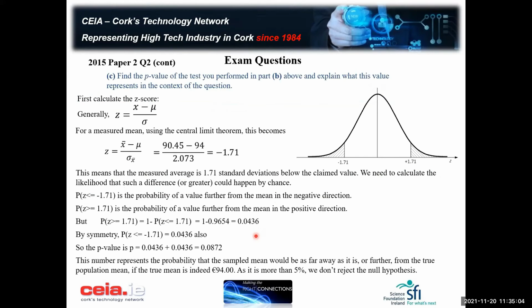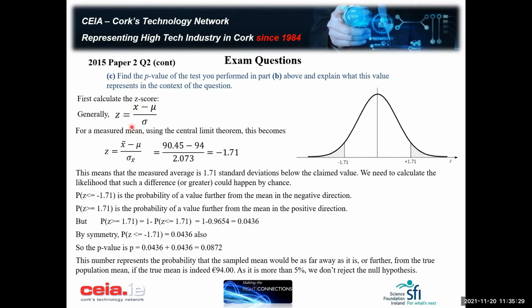Now, part C, they ask you to find the p-value of the test in part B and explain what it means. Well, for the p-value, you need the z-score. The general formula for working out the z-score is subtract the mean from your measurement and divide by the standard deviation.